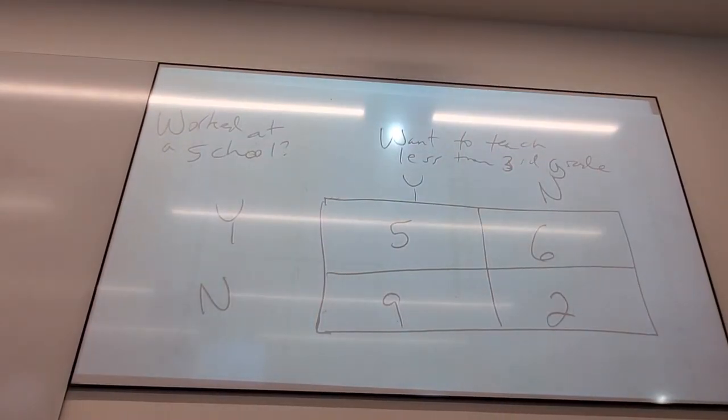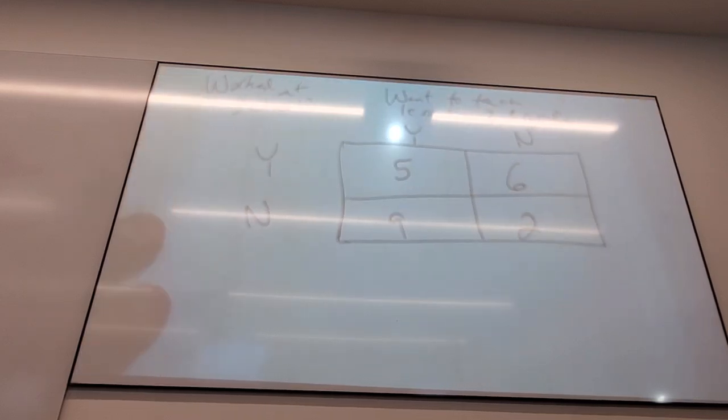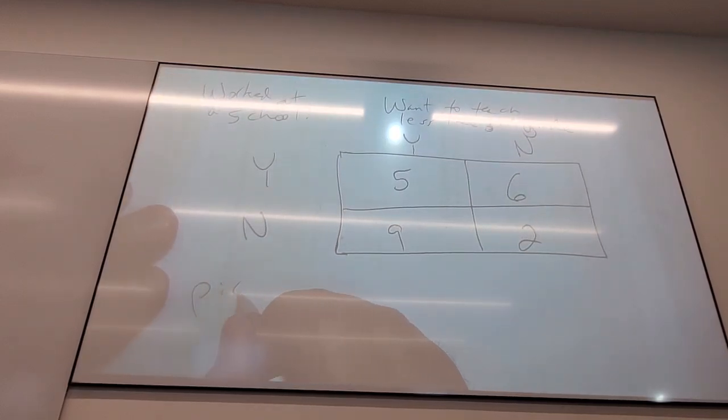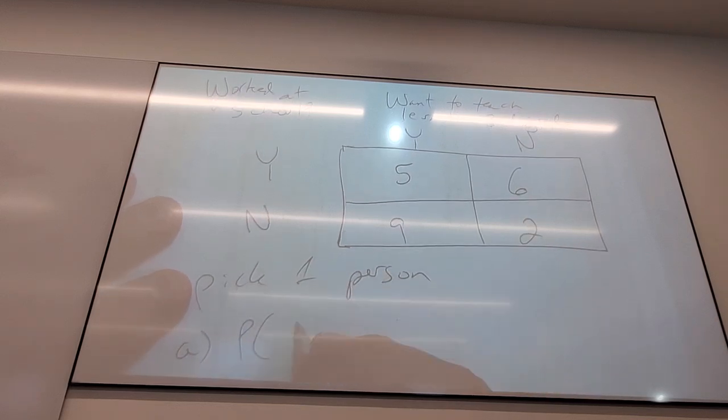So let me ask you a probability question. If I pick one person that filled out the survey, what's the probability that they worked or currently work at a school?